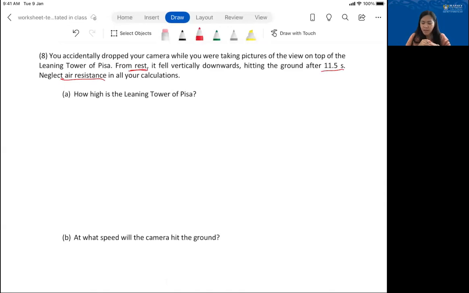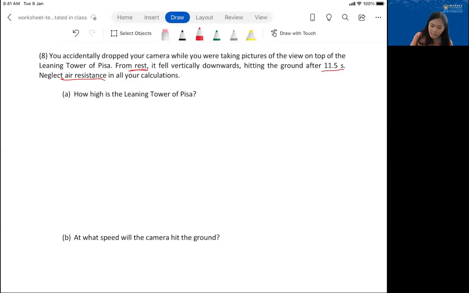Yeah, that's the defining phrase that will give away the clue that it's a free fall problem, because we don't usually tell you it's a free fall problem. It's part of what we're testing, for you to determine whether it's a free fall problem or not.